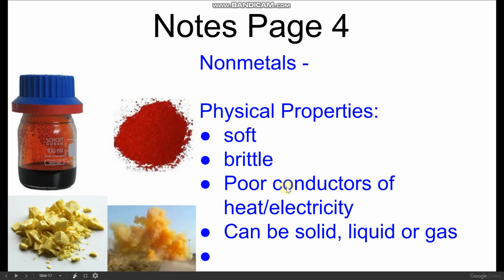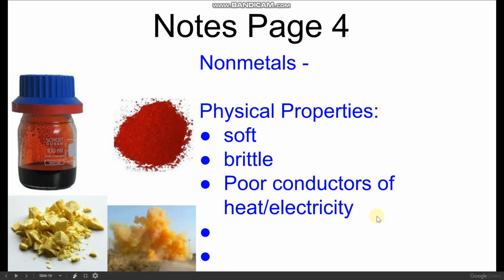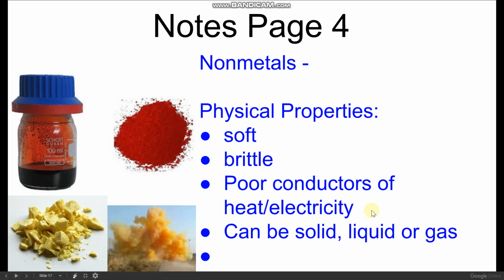Okay, they can be a solid, a liquid, or a gas at room temperature. And so here we can see examples of all of that. We've got liquid bromine, we've got solid phosphorus and sulfur, and then we have gaseous chlorine right here. So you can see lots of different examples of nonmetals.